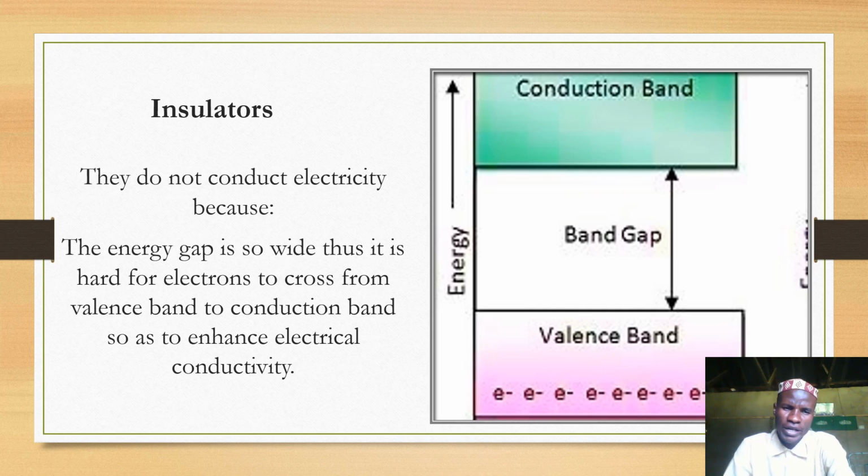The reason they do not conduct electricity is that their energy gap is so wide. Thus, it is hard for electrons to cross over from the valence band to the conduction band to enhance electrical conductivity. It is this large energy gap that makes insulators not conduct electricity.